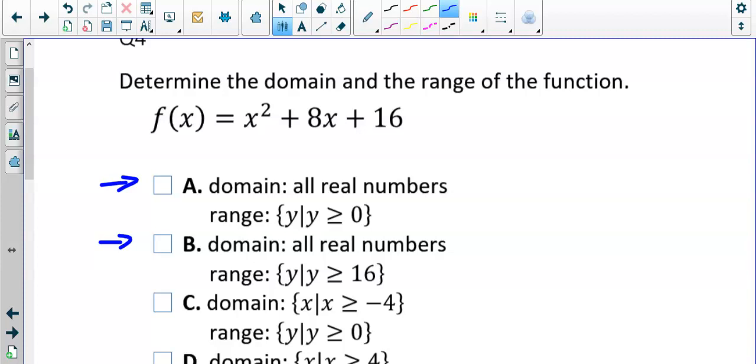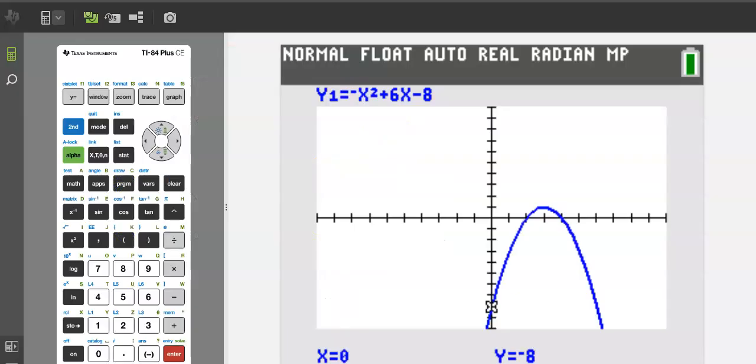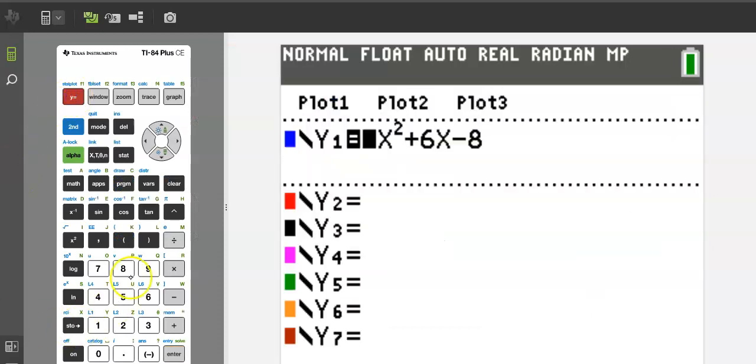All right. So with that being said, now we've got to talk about the range. In order to find the range, you can do one of two things. We can do it algebraically, or we can graph it. Absolutely. Let's talk about the graph. So let's take this and put it in our graphing calculator.